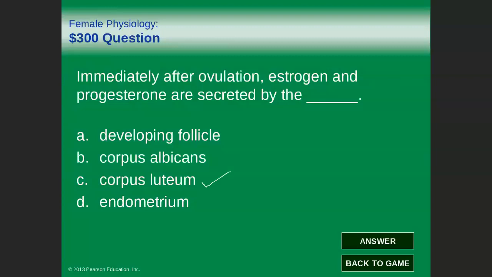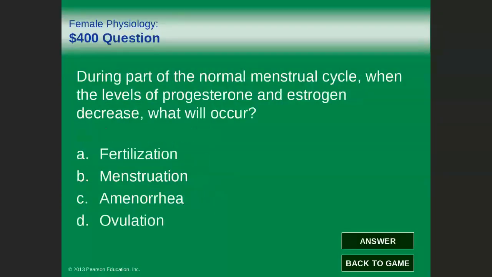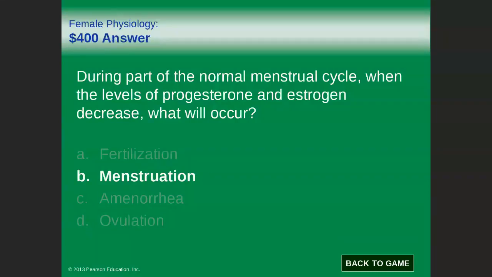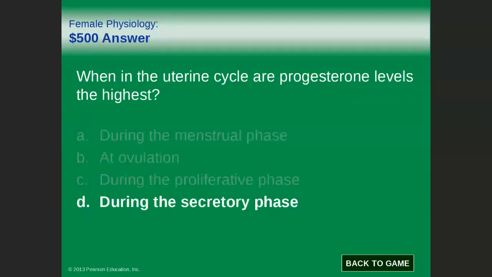Corpus luteum. Usually menstruation occurs. During the secretory phase, that's when progesterone levels are at their highest.